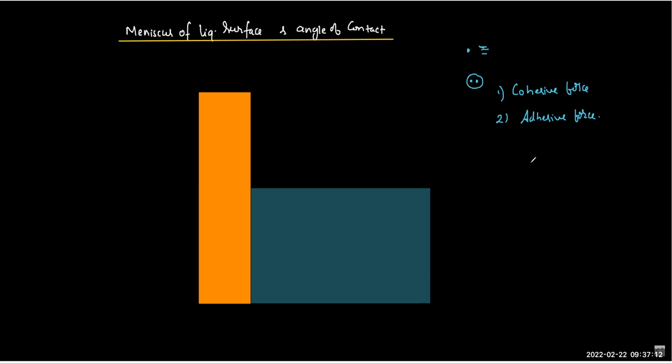Cohesive, co means together, so it's a force between similar molecules. If we have dissimilar molecules, then we say adhesive force. Both are attractive in nature. So attraction between similar molecules is called cohesive force, and between dissimilar molecules is called adhesive force.